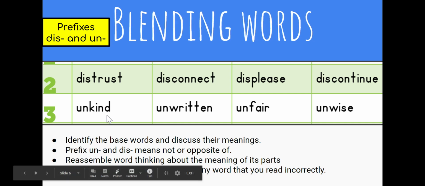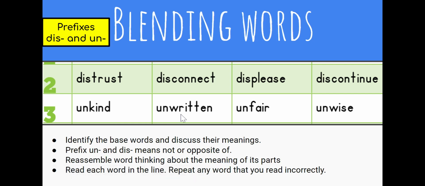In line 3, we have kind, written, fair, wise. So let's think. If somebody is kind, that means that they are, you got it, they're nice. If something or someone is unkind, that means they are not nice. To be unkind is the opposite of kind. You've got it.